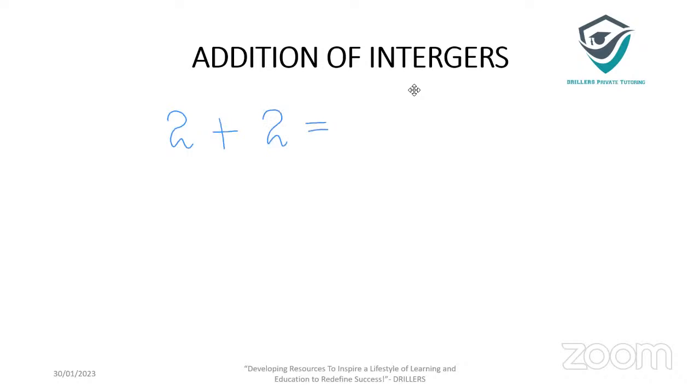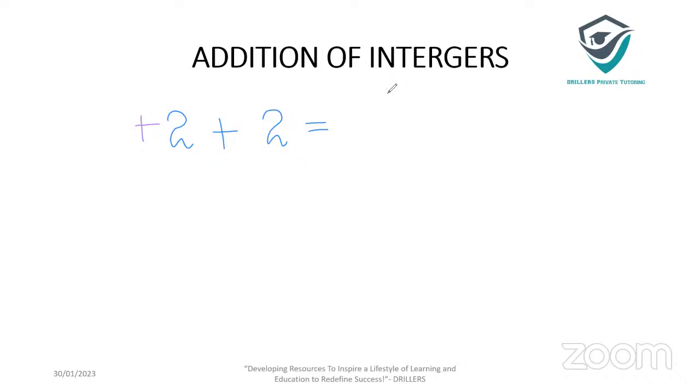On the screen, we have 2 add 2, or 2 plus 2. If we consider what we looked at before about things you should know about a number, if you have no sign in front of a number, it is understood that it has a positive value. So that first 2 is a positive 2 because we weren't given any sign.